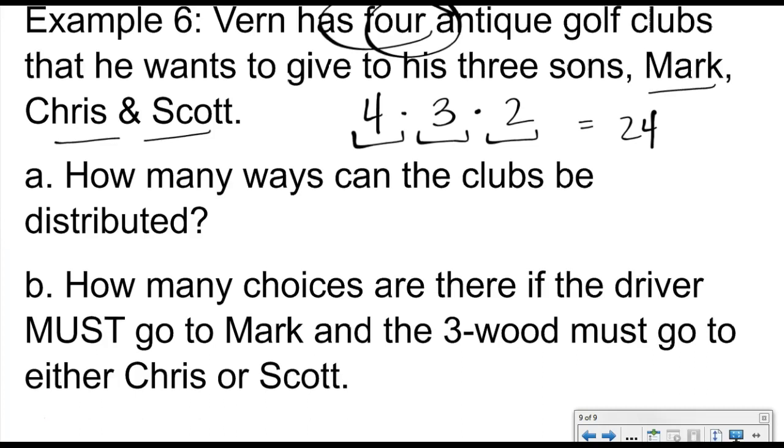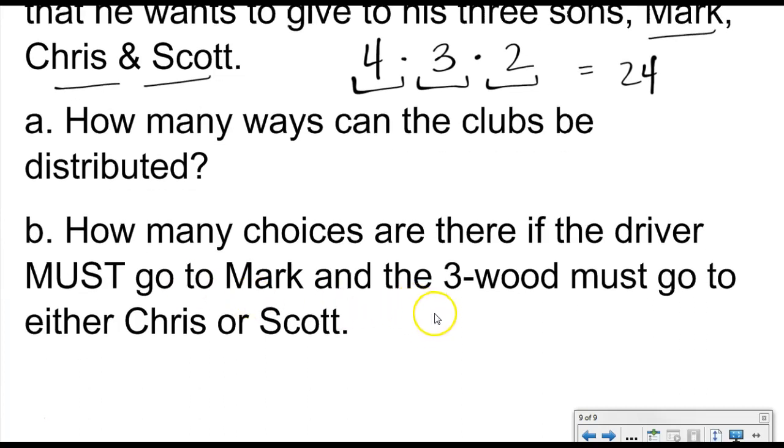How many options are there if the driver must go to Mark and the 3 must go to either Chris or to Scott? So this first person, he only gets 1 choice. So this is Mark, Chris, and Scott.